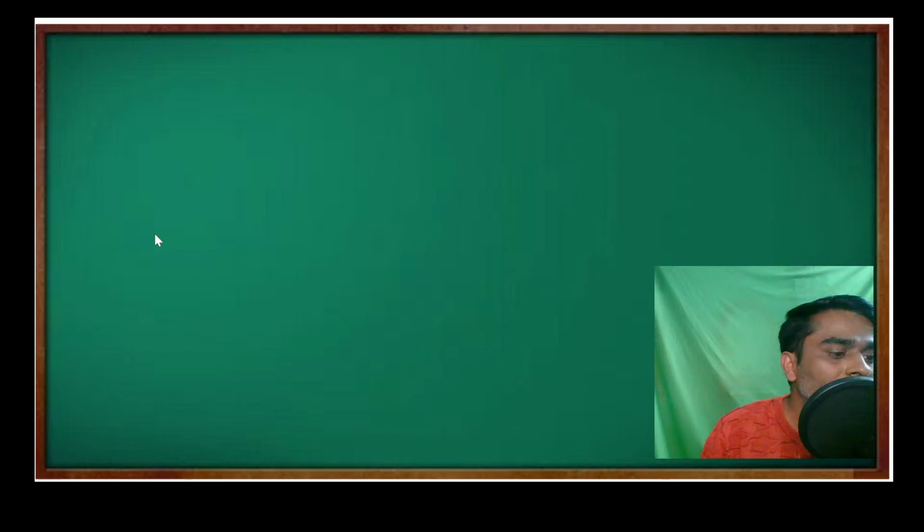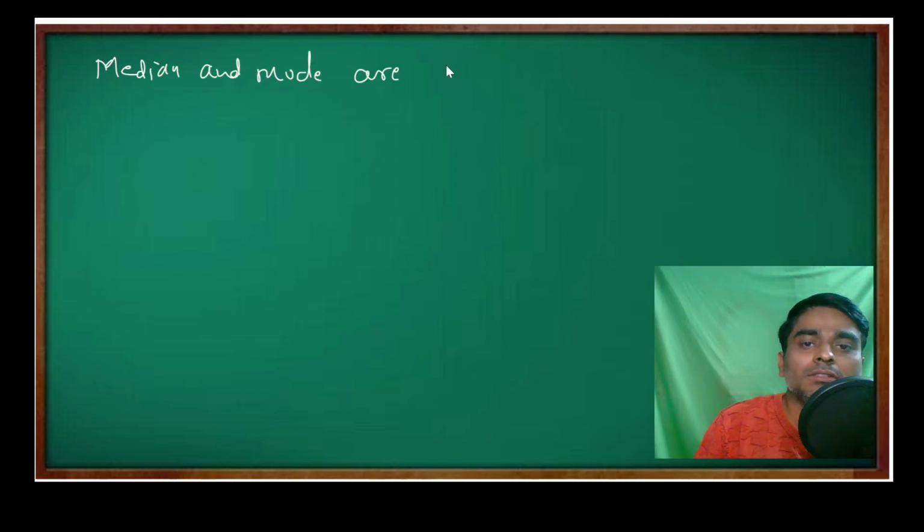Next, the median and mode are 25 and 21. Find the mean using the empirical relation.